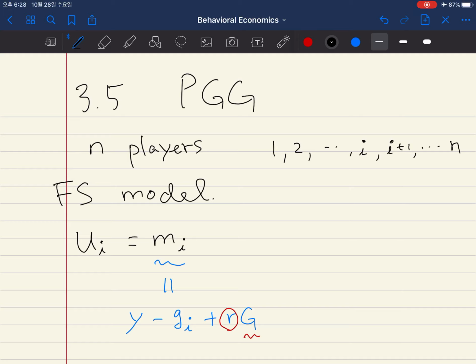So this is the user payoff in public good game. And if there is punishment, we can add more terms here. So for instance, if there is punishment, we can add punishment cost. So for each unit of punishment, individual i has to pay cost c.